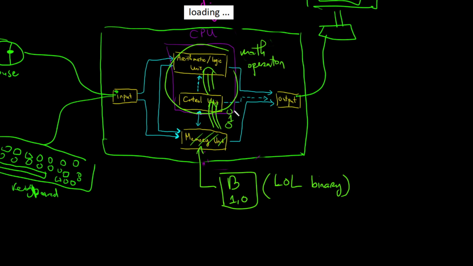This is literally the loading part: from the binary code to memory, then memory fetches data into this, and then this does the loading. It loads the game, does a bunch of calculations, and after loading, the CPU sends data to the output.